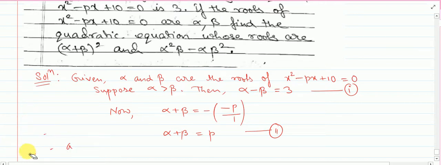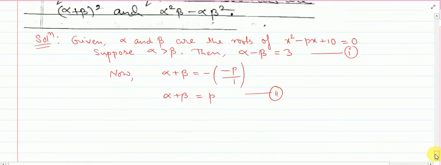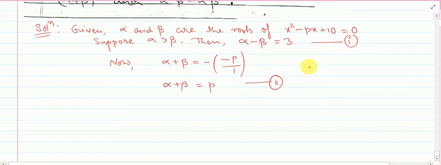Now you have got simultaneous equations in alpha and beta. So you can solve equation 1 and 2 to get the value for alpha and beta. So now what we will do is add equation 1 and 2.